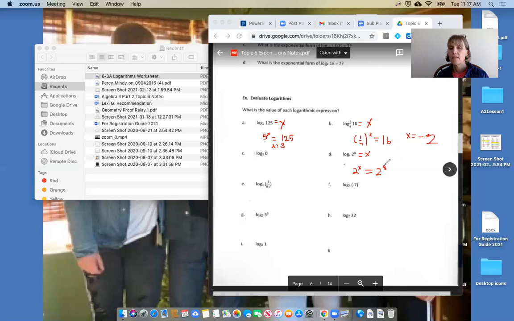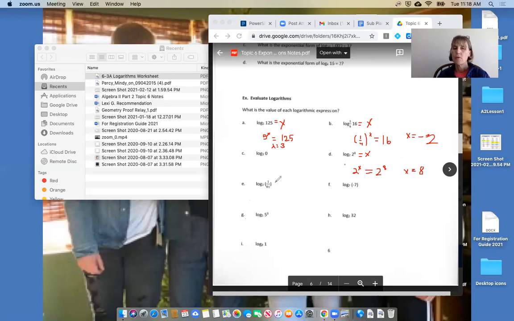Now, when you look at that, that looks a little bit different. 2 to what power equals 2 to the 8th? Well, since they both have the same base of 2, we're looking for x to be equal to 8. So if you go back and look at that beginning problem, when it says log base 2 and then there's a 2, they kind of cancel each other out and x just equals 8.